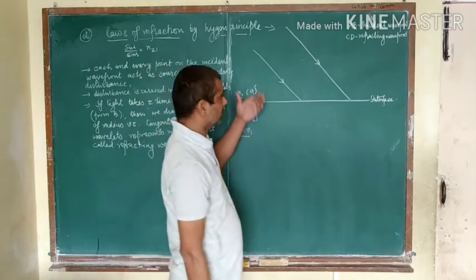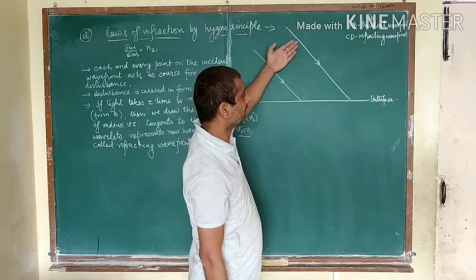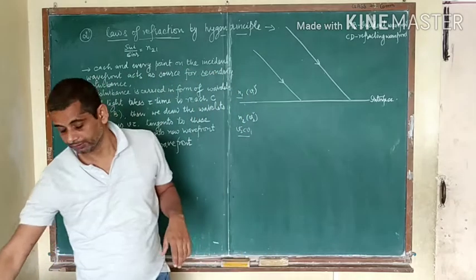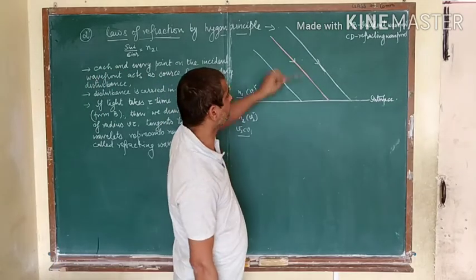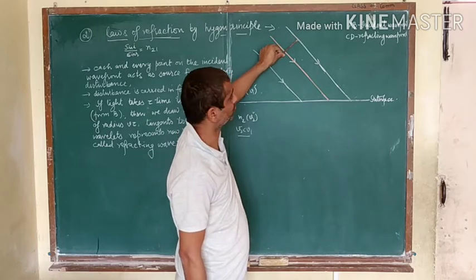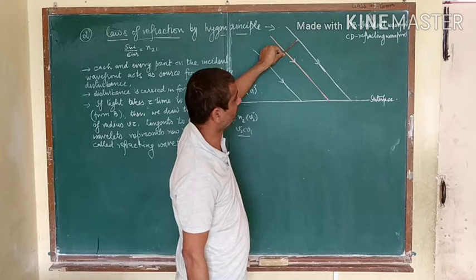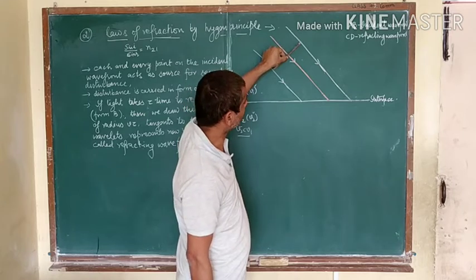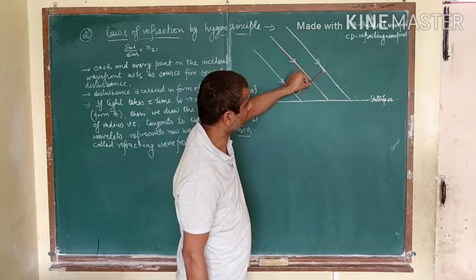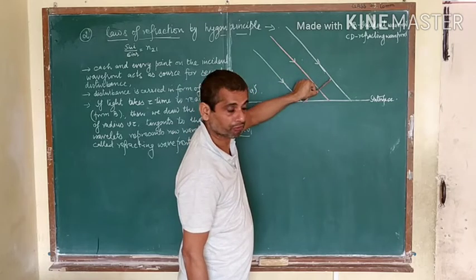Now let us see here a beam of light incident on this interface. In terms of wavelengths, this is your wavefront. Wavefront is always perpendicular to the direction of propagation. So this is your direction of wavefront. As the wavefront emerges out, the incident light also moves forward.